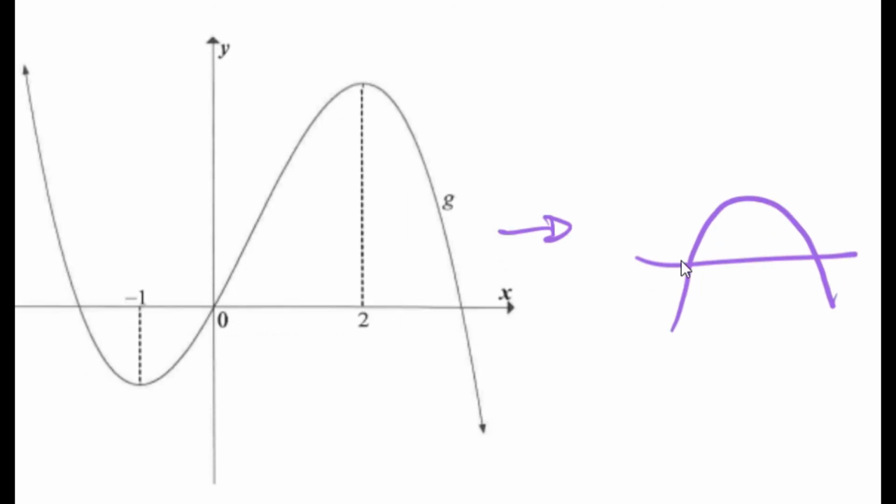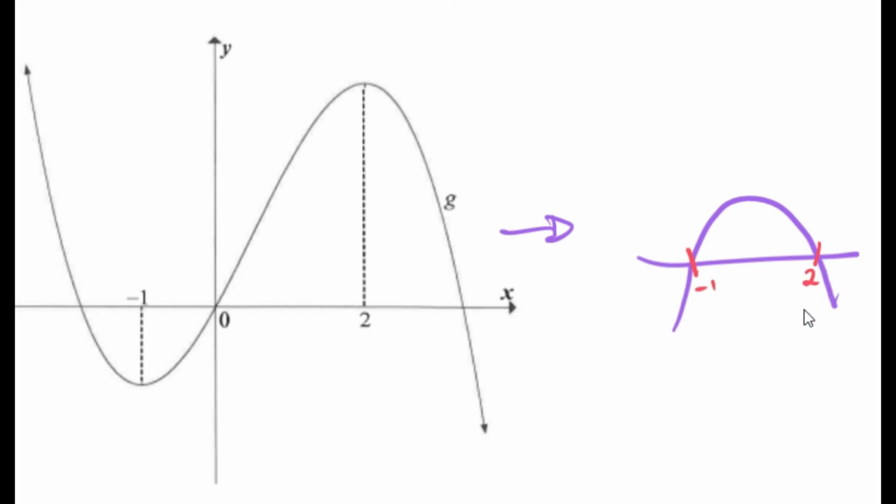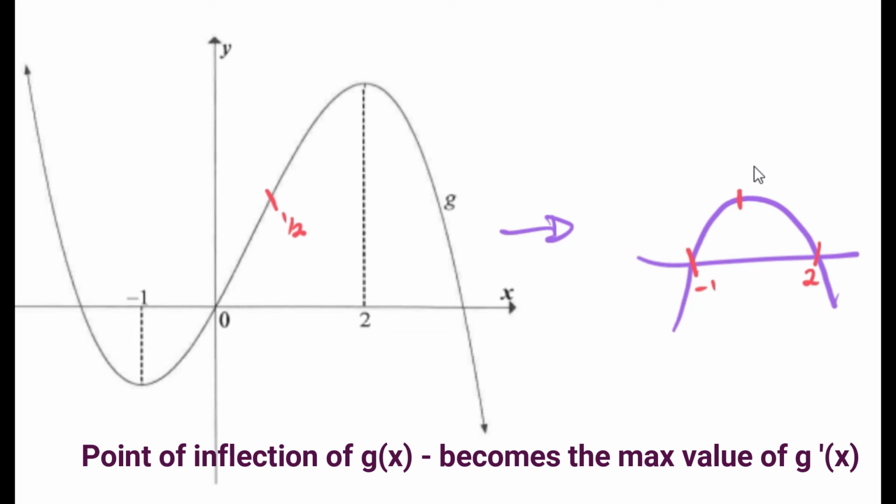The x coordinates of our turning points become our new x-intercepts. So this here is negative 1 and this here is 2. Now, our point of inflection was 1 over 2 here. That becomes our new turning point for our derivative, or in this case, our gradient.